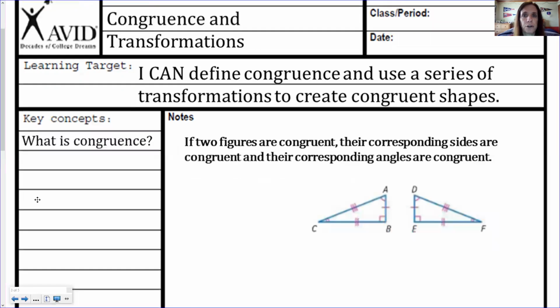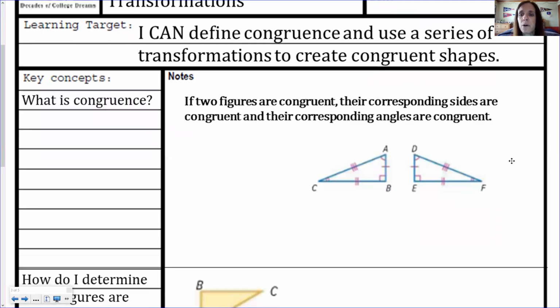When I had you look at congruence a couple weeks ago, we looked at these triangles and talked about, okay, side AC has 3 tick marks, side DF has 3 tick marks. So AC is congruent to side DF.